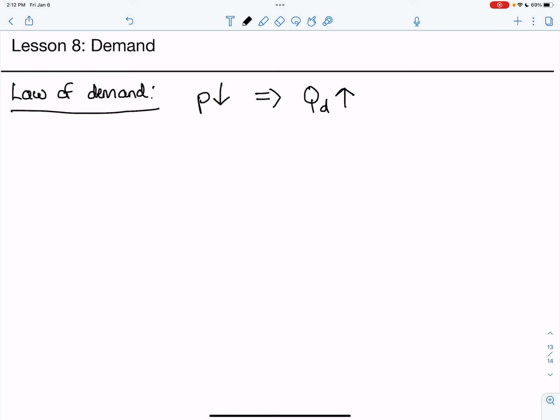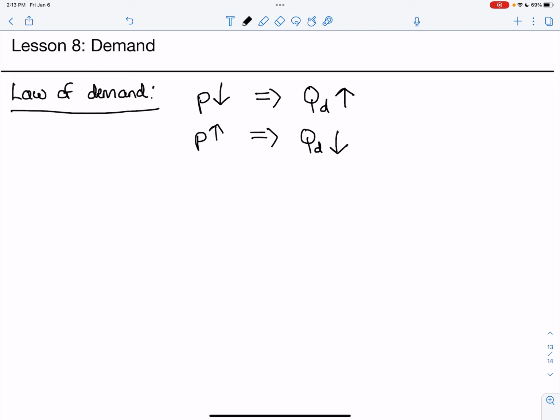Okay? So the good becomes cheaper, people want to buy more of it. Super simple. Of course, the converse is that when the price increases, then the quantity demanded will decrease. Right? So this is the law of demand.